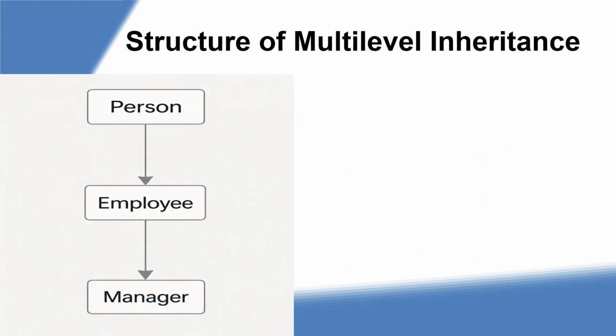Here in this example, we can see Person is the parent class. Then the Employee class is inheriting from the Person class, so this is a child class. Now it became a parent class for the Manager class, since Manager is inheriting from the Employee class.